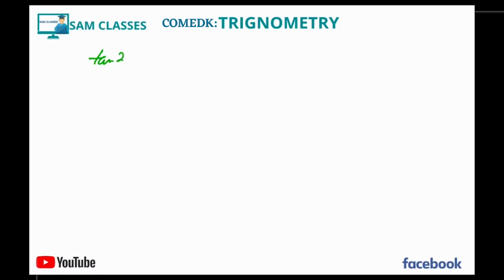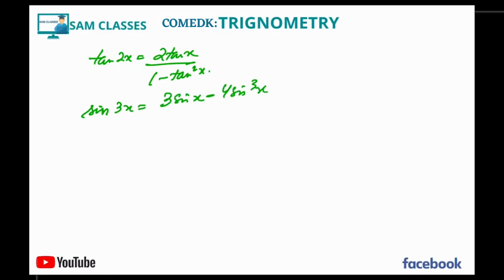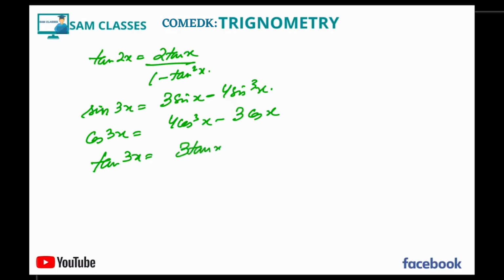Next we have formula tan 2x is equal to 2 tan x by 1 minus tan square x. Then we have sin 3x is equal to 3 sin x minus 4 sin cube x. Cos 3x is equal to 4 cos cube x minus 3 cos x. Tan 3x is equal to 3 tan x minus tan cube x by 1 minus 3 tan square x.